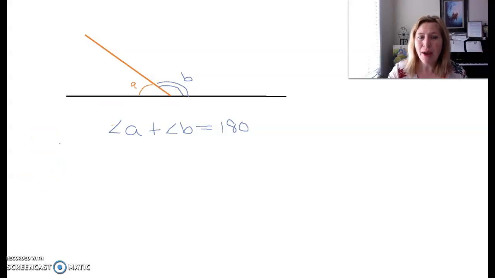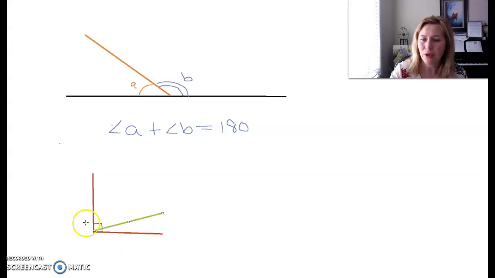And then we talked a lot about complementary. Complementary are kind of fun. Anytime we have this right angle, then we have a complementary angle. It's when we have any two angles whose combination creates a right angle.